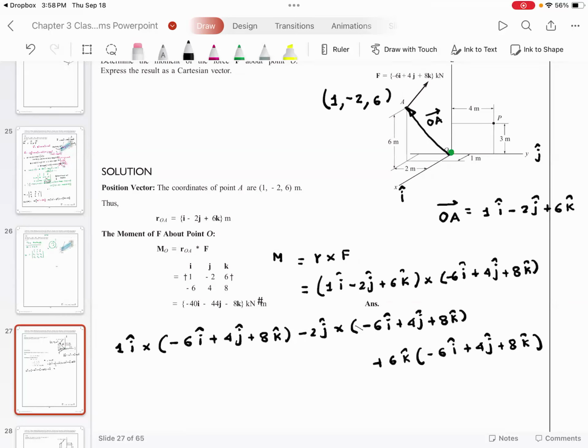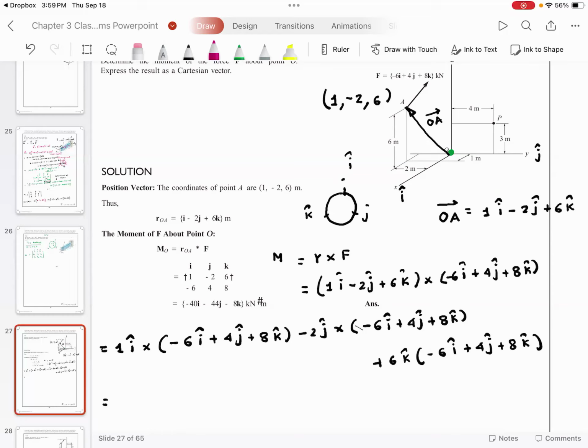You agree with me? Okay. I cross I. So in the last problem, I took a shortcut, but this problem I just want to expand and solve.